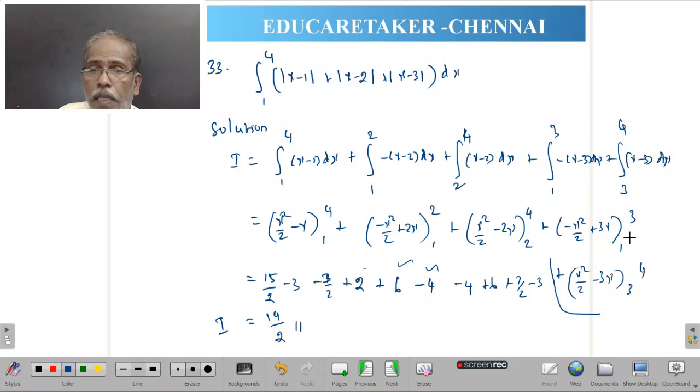Then 3 square minus 1, 9 minus 1 is 8 by 2, minus 4, correct. 3 minus 1 is 2, 3 into 2 is 6, correct. And 4 square 16 minus 9 is 7 by 2, correct. And 4 minus 3 is 1, so minus 3, correct. So this is the answer.